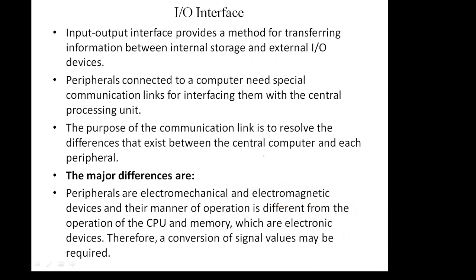IO in the sense input and output, as you already know. This is the important term when we talk about this input output organization. So what do you mean by an interface?